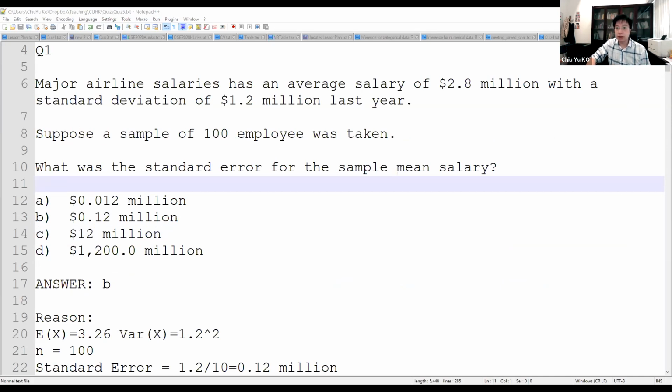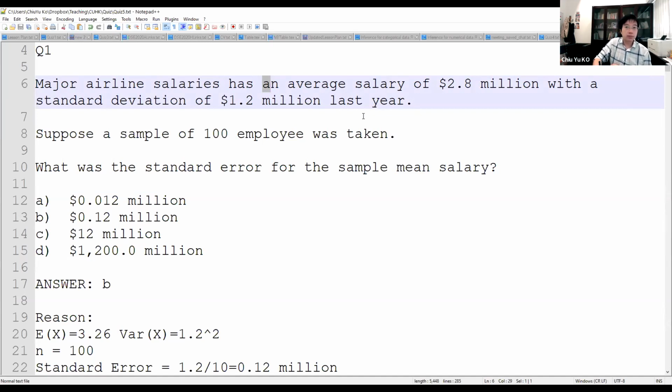So question 1 is: the company has an average salary of 2.8 million per year. So let me open the drawing.